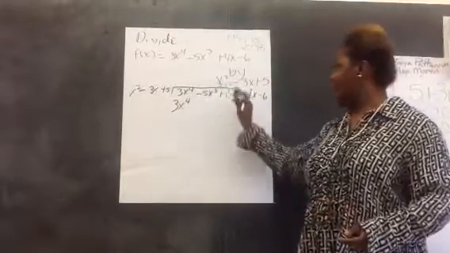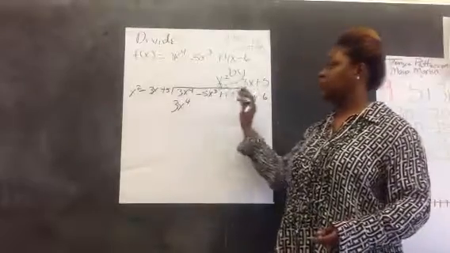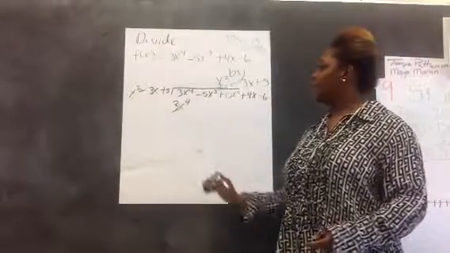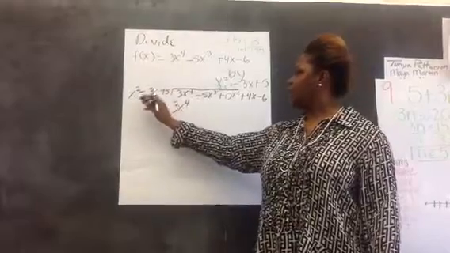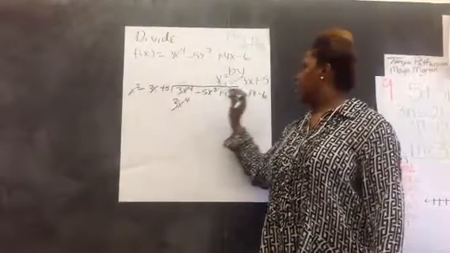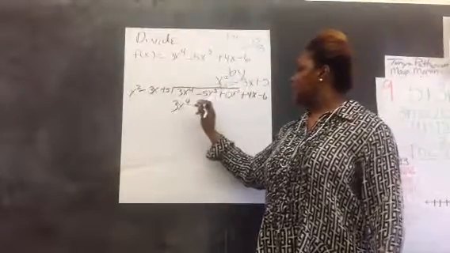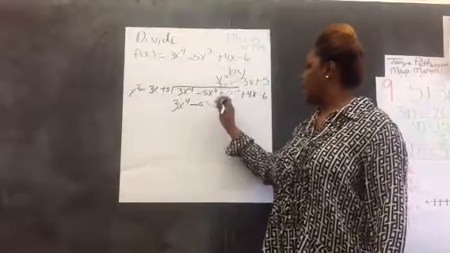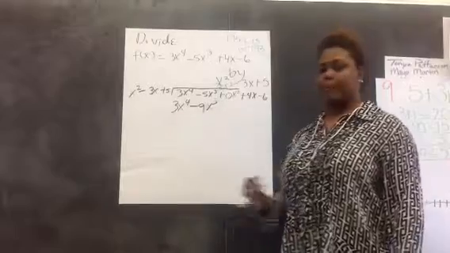All you have to do is add the exponents: 2 plus 2 gives us 4. Then 3x squared times negative 3x: 3 times 3 is negative 9, x to the third power.